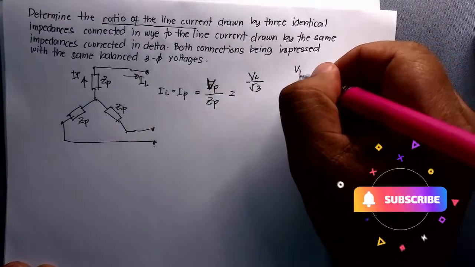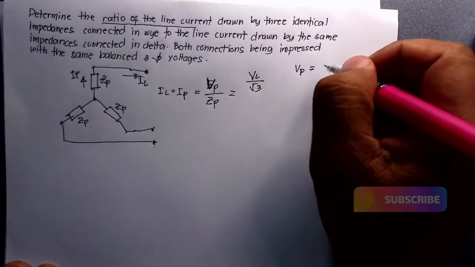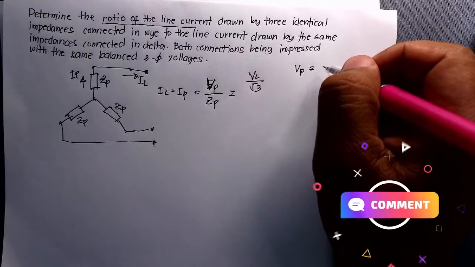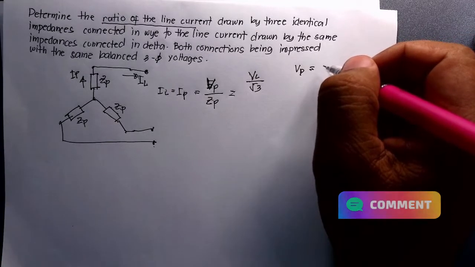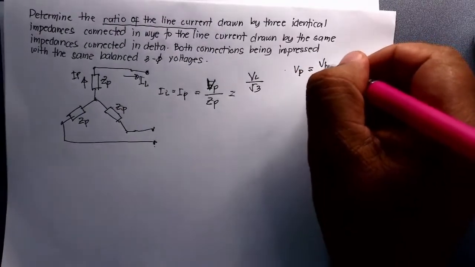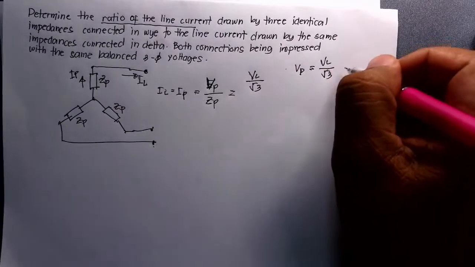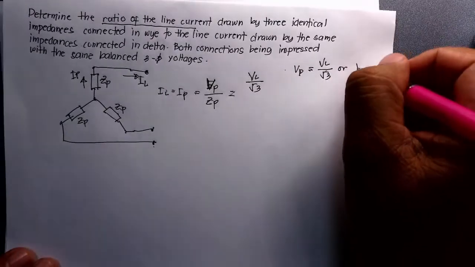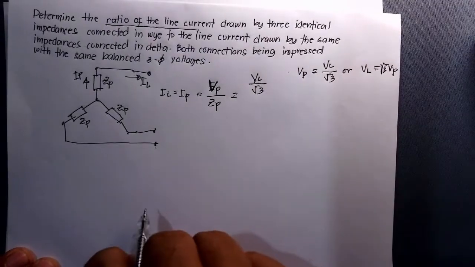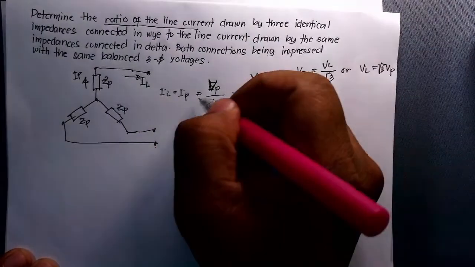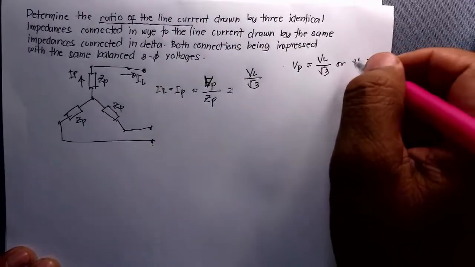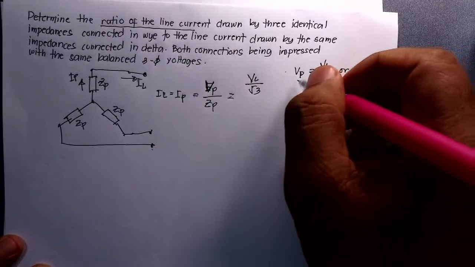We have this relationship, V sub L over square root of 3, or V sub L equals square root of 3 times V P. This is our value for V sub P, and it is substituted here.